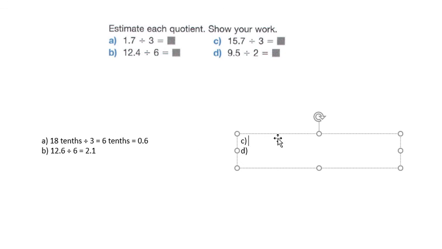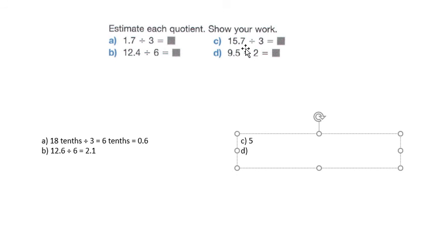Our next question, 15.7 divided by 3. Our 15 is already a friendly number with 3. 15 divided by 3 we know is 5, and you can say that by calculating 15. You have 3 groups and you have 5 into each of those 3 groups, or you could say make groups of 3. But in this case, let's stick to make 3 groups. So I have this 0.7 here.